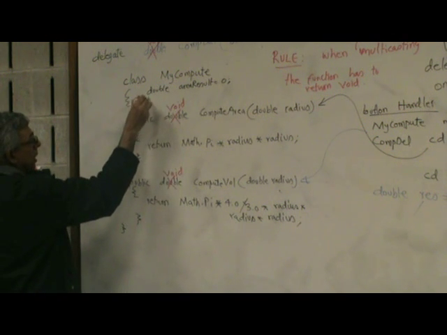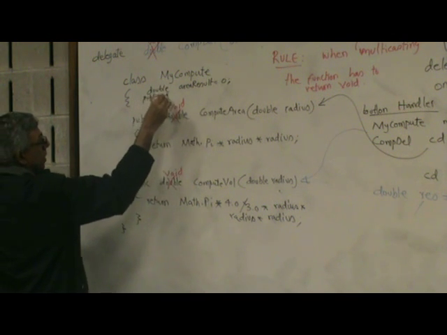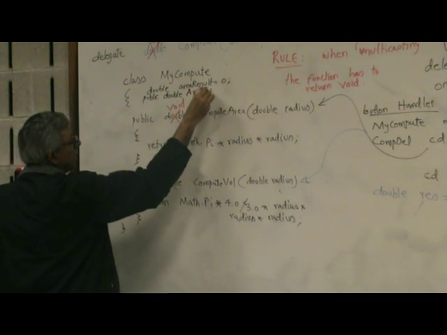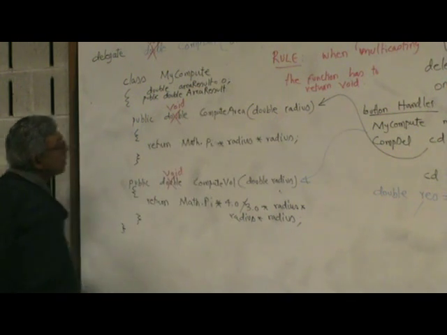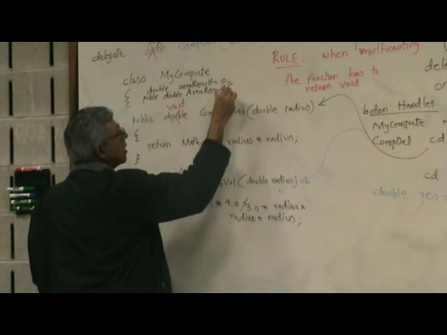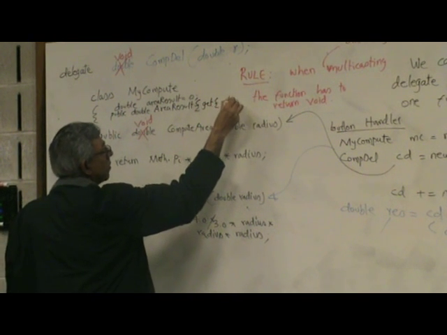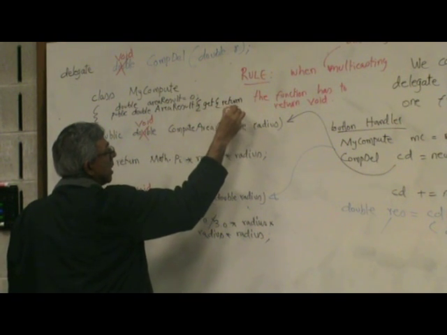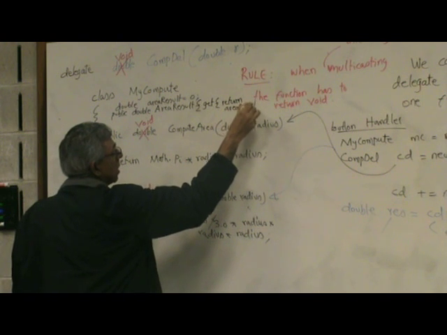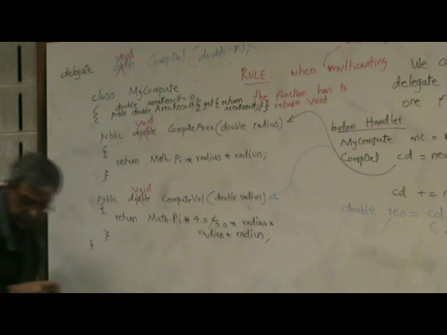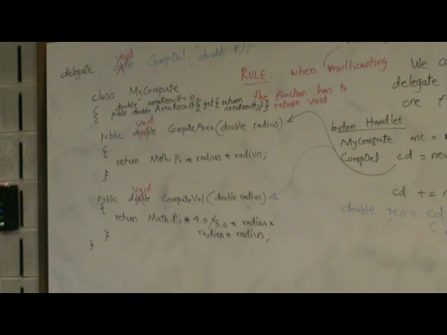And then public double area result get, return area result. So I'm creating what's called the read-only property because it only has the get part in it.